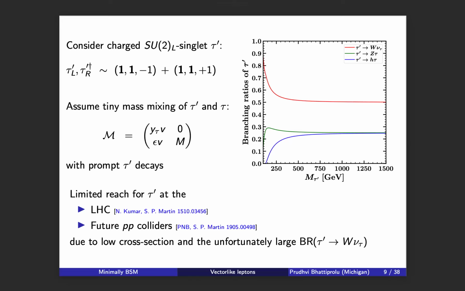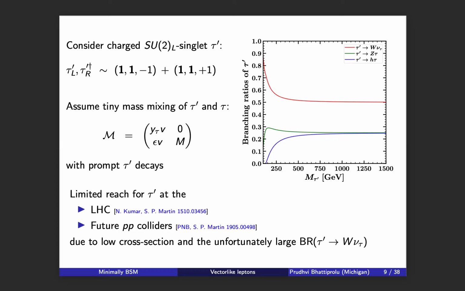Even with a 100 TeV pp collider, the reach for tau primes is not so great. That's because of this unfortunate large branching fraction to Ws and neutrinos, because I'm missing energy in my final state most of the time. And so it's very difficult to tackle this problem.